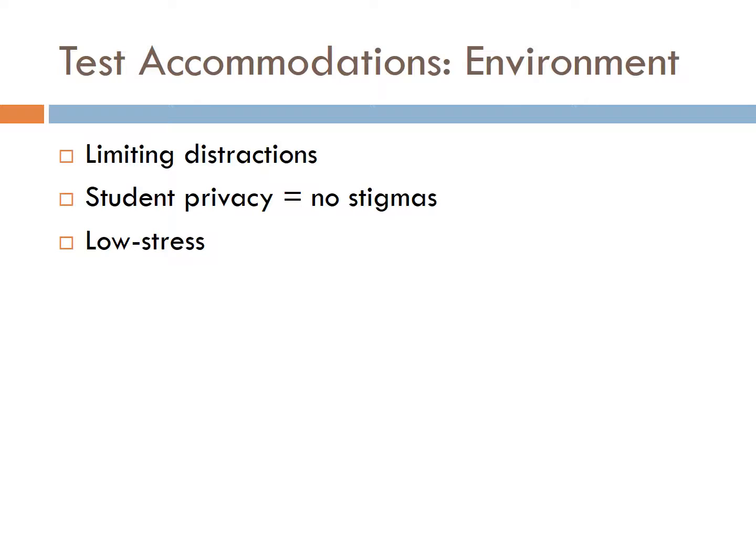Make sure that you safeguard the student's privacy about the accommodation, so no stigma. So you don't want to say, Bobby, I need you to go to the far corner of the room because of your accommodation. You want this to be invisible and transparent to the other students. And as much as possible, keep the testing environment low stress.